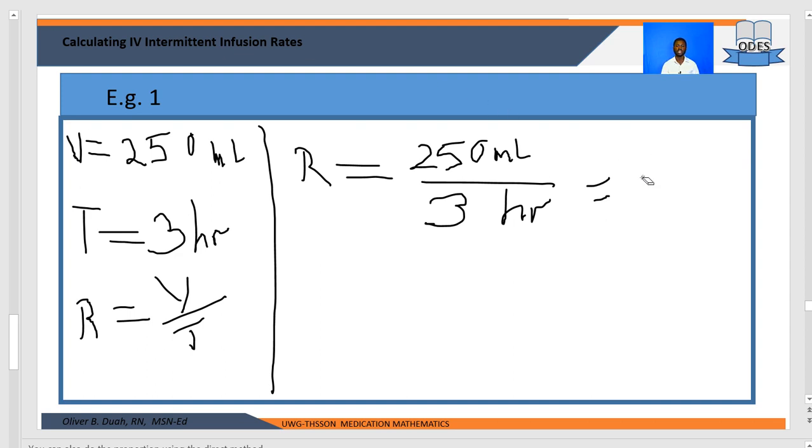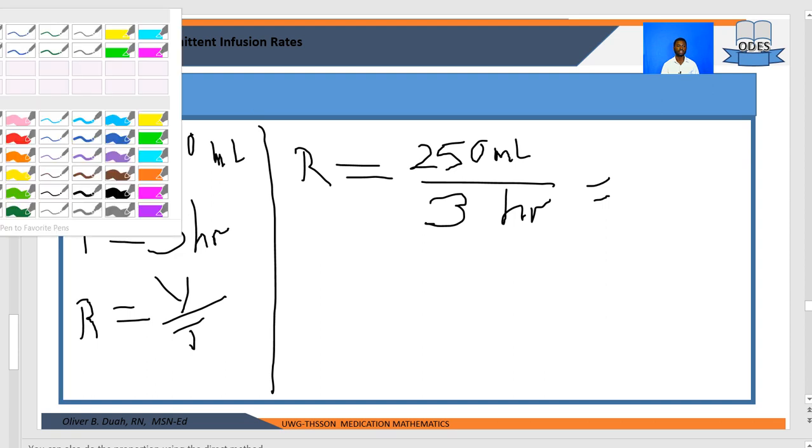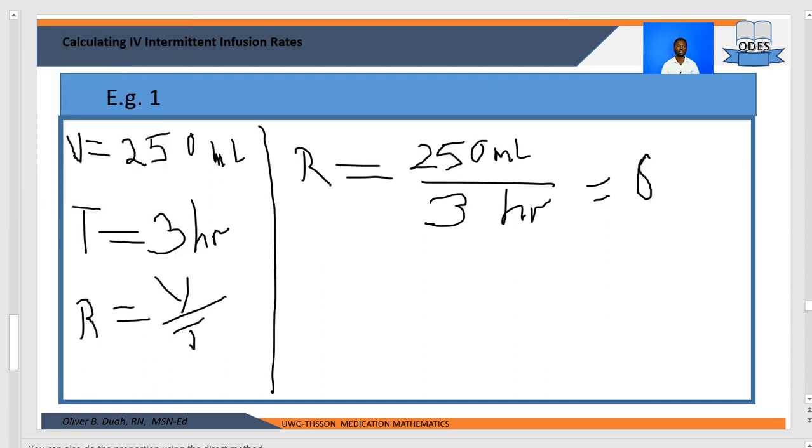That will give us 83.33, and this is also recurrent.